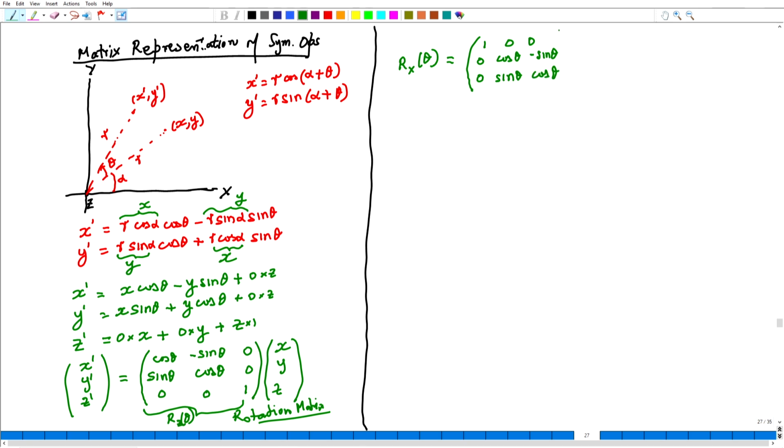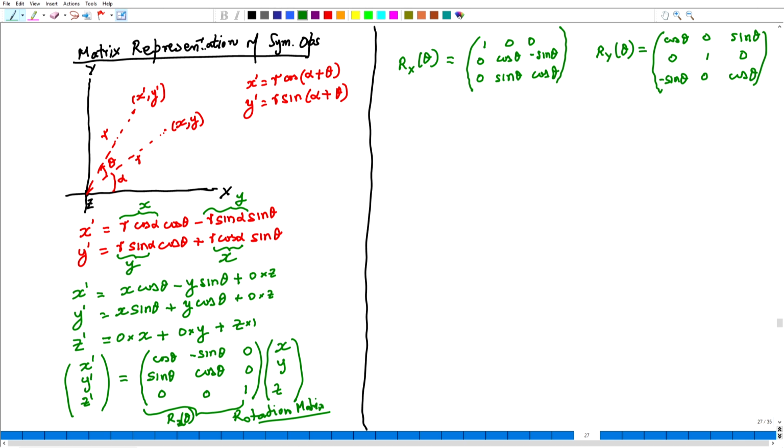So, this is the rotation matrix around the x axis, and around the y axis, R y theta, the rotation matrix becomes, so here we have the rotation in the xz plane, cos theta, 0, sin theta, 0, 1, 0, minus sin theta, 0, cos theta.